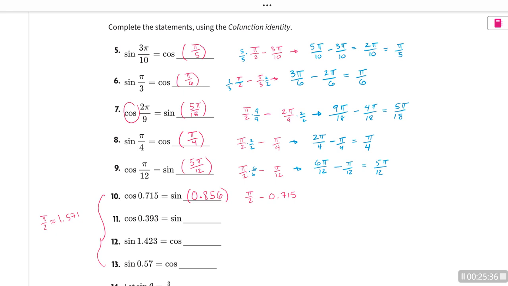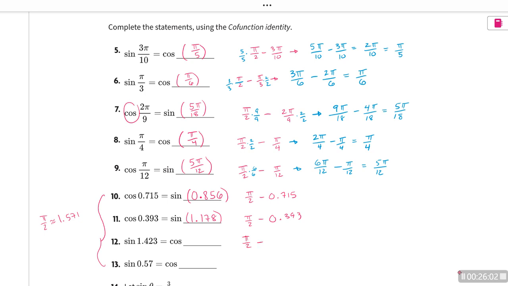So our next one, pi divided by 2 minus 0.393. So pi divided by 2 gives us about 1.571. So then minus 0.393 gives us roughly 1.178. I rounded that last digit up. Okay, question 12.